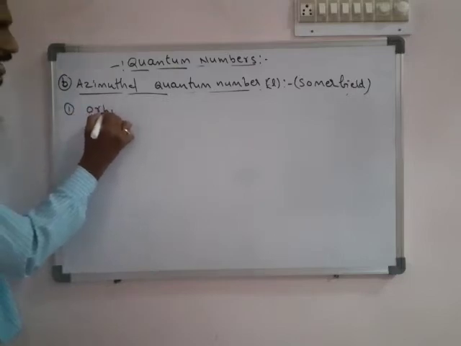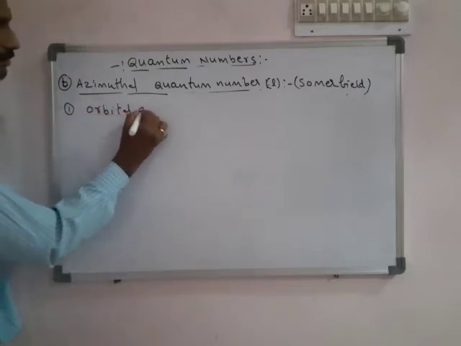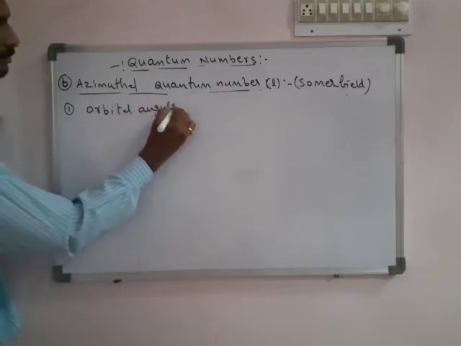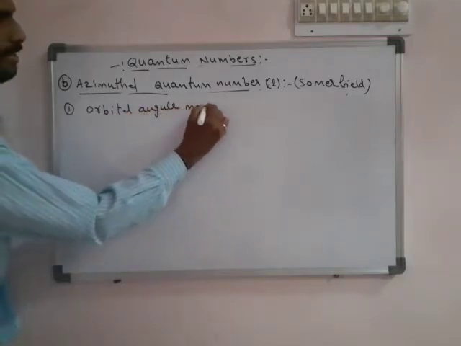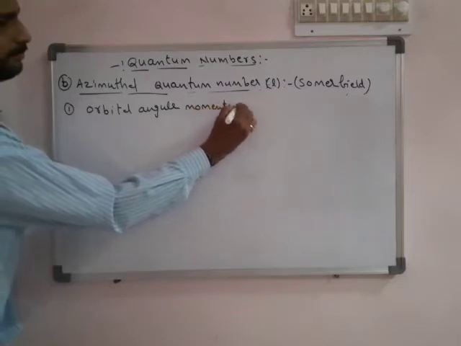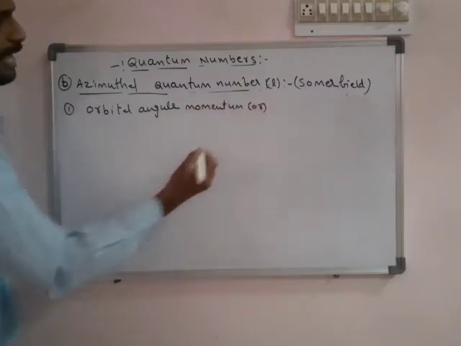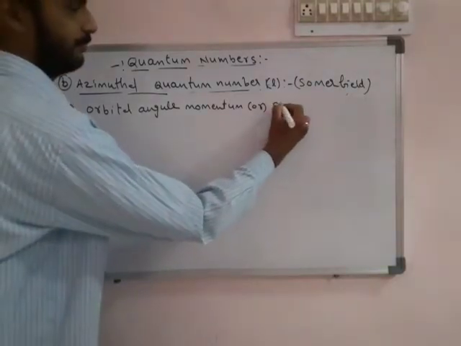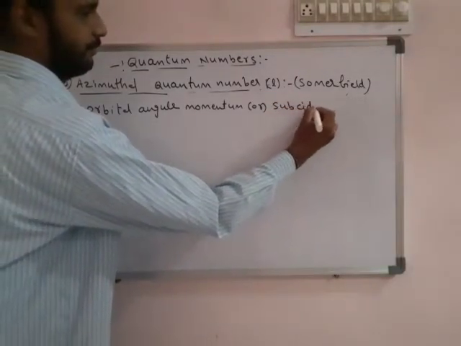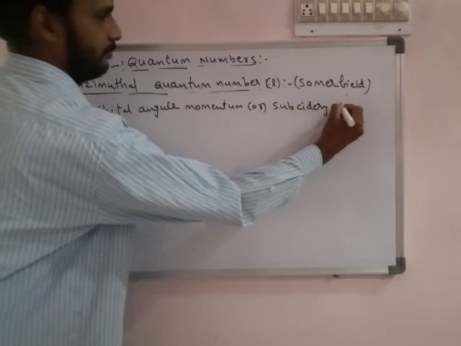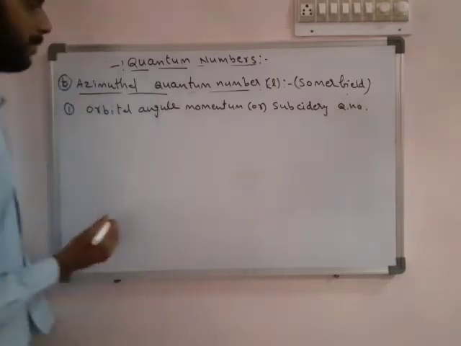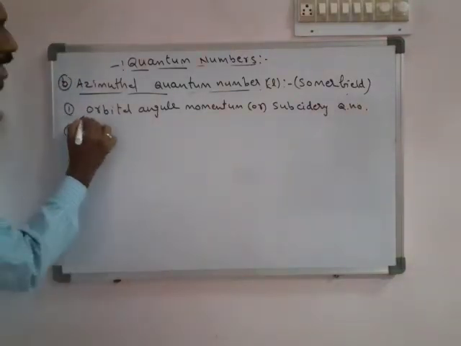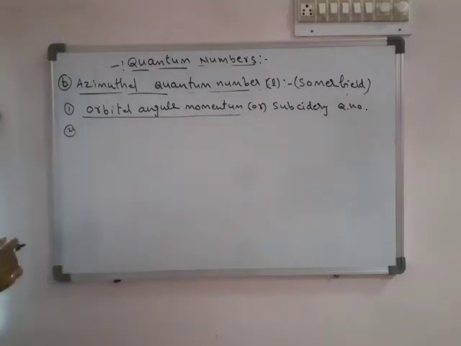Its name is also orbital angular momentum quantum number, or it is also known as the subsidiary quantum number, because it mainly tells about the orbital angular momentum.